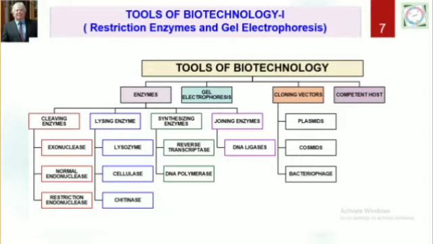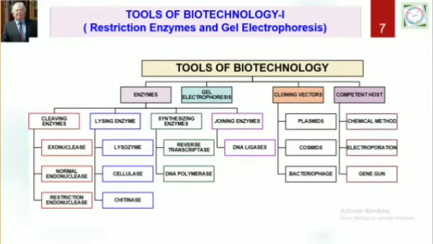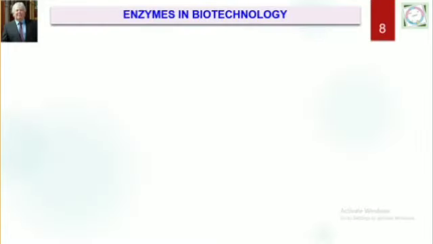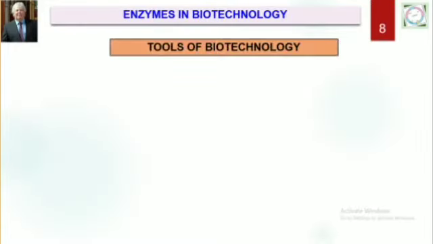And then competent host, technology to make competent host. And this includes some ways like chemical method, electroporation, gene gun, microinjection. We'll be reading in subsequent parts. First of all, focus on enzymes in biotechnology.